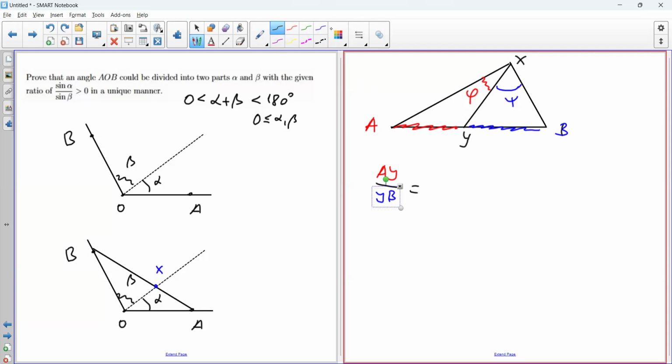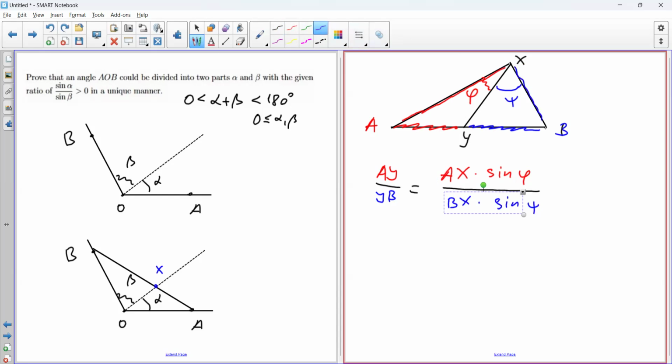It would be equal to AX times sine phi over BX times sine psi. So if we consider these elements, then the ratio on the opposite side would be easily calculated with this formula.